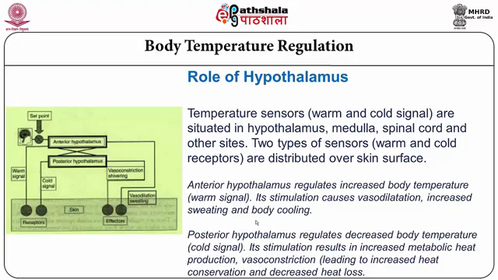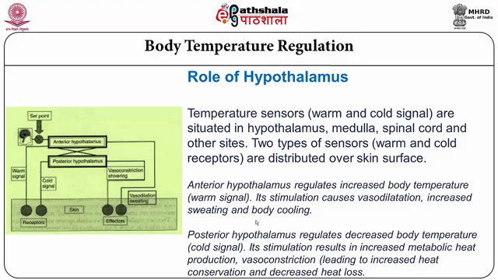This means in the hypothalamus we have two types of senses, warm and cold, to send the signal to the external skin surface. So warm must respond to warm, cold must respond to cold receptors of the skin surface. So there should be corresponding sensors at the brain and also at the skin surface.